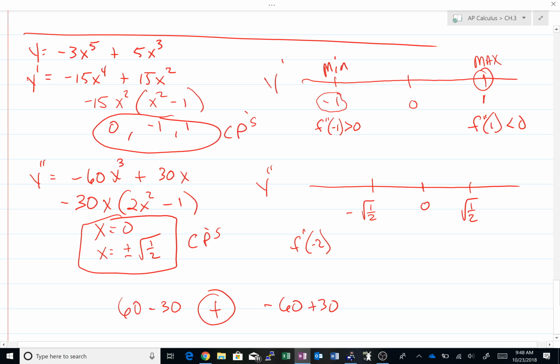Negative 8 times negative 60 is positive 480. And then negative 2 times 30. The point is, I'm positive there. That's all I care about. I'm trying to do this without a calculator, because we need to be able to analyze this without one.